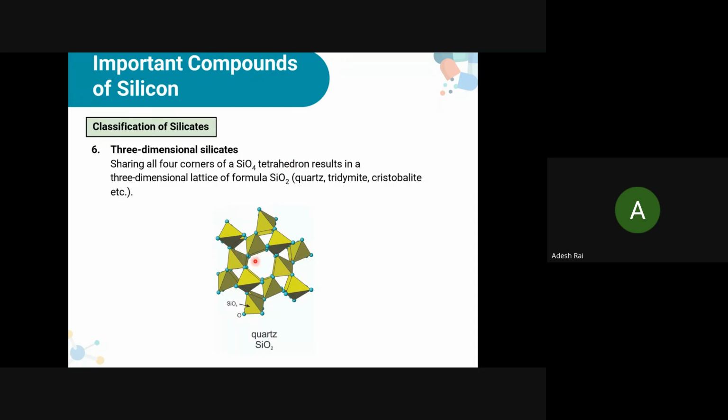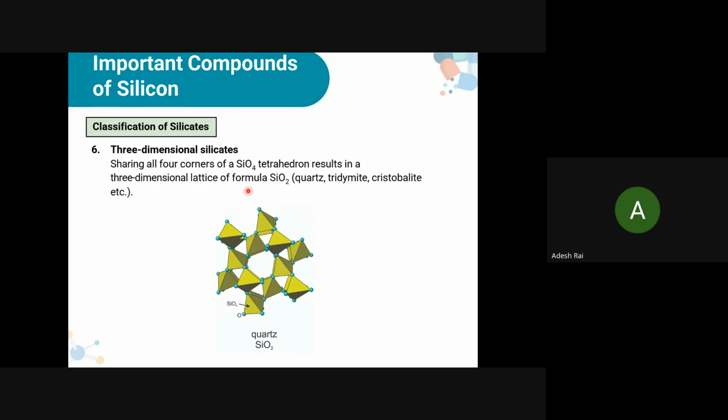You won't be able to see it properly, but let's consider this one. See, this is one oxygen atom shared, second oxygen shared here, third is shared here, and this is the fourth one which is shared. Okay. Am I clear to everyone? So, three-dimensional silicates are those silicates in which all four corners of tetrahedron units are shared.